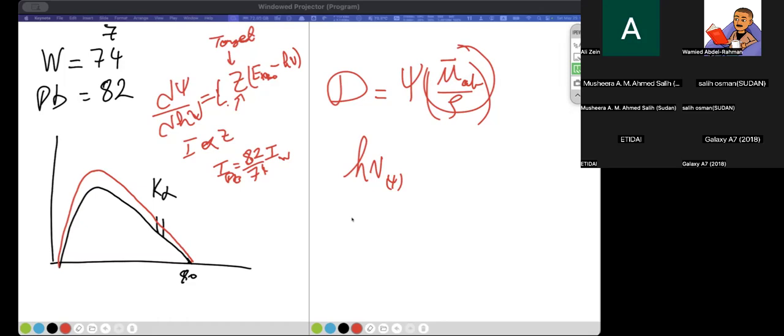When we want to get the average mu absorption, ideally, you would take different photons, look at their energies, and for each energy get the mu absorption and then apply this equation.